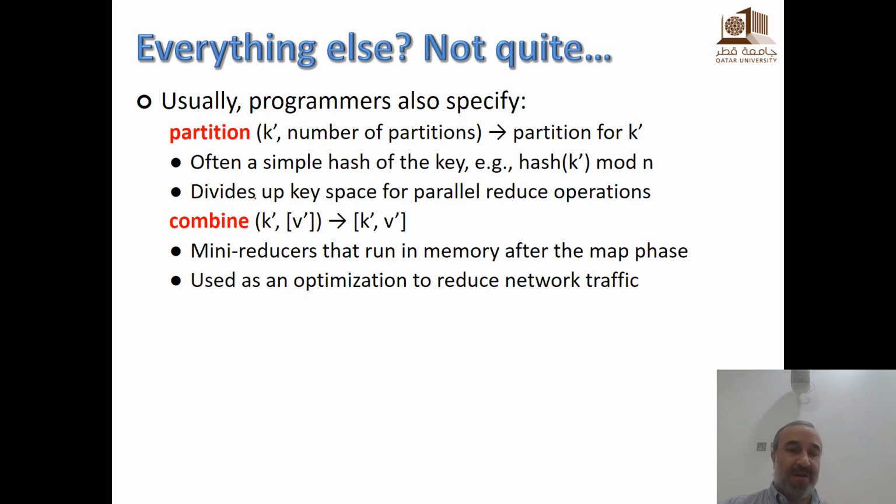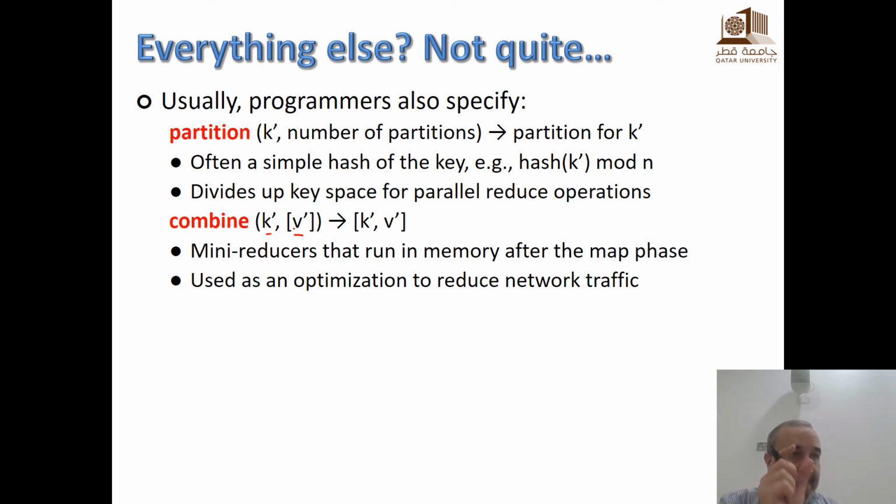So again, combine will take a key and a list of values. How did we get this list of values? From the same node. Okay, so this is like a small group by happened locally.